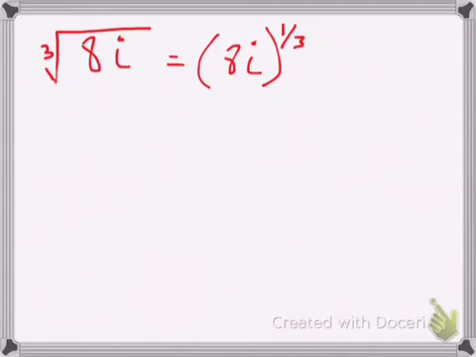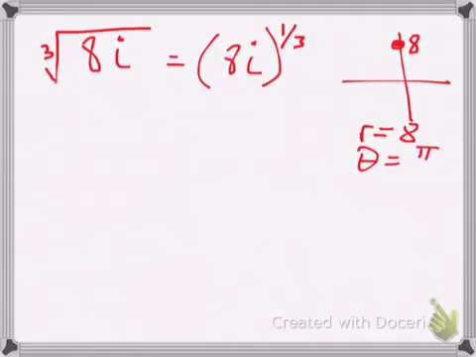And now I need to write 8i in polar form. 8i, that's right up here, 8 units from the origin, right? So my r value is 8, and my angle is what? Pi over 2. 90 degrees.